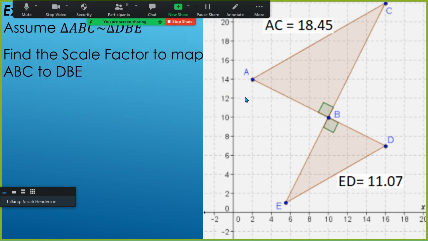So we see the two orange beige triangles, they're similar to each other. Find the scale factor to map ABC to DBE. Find the number that we can multiply the big triangle by to get to the smaller triangle.